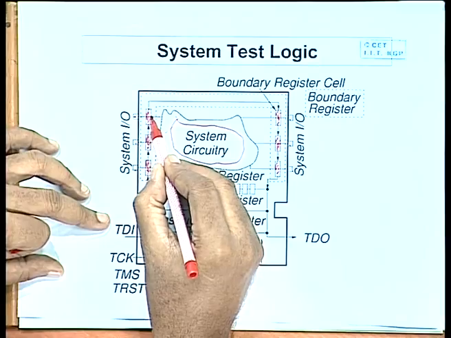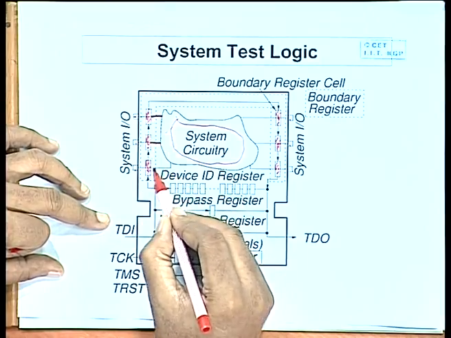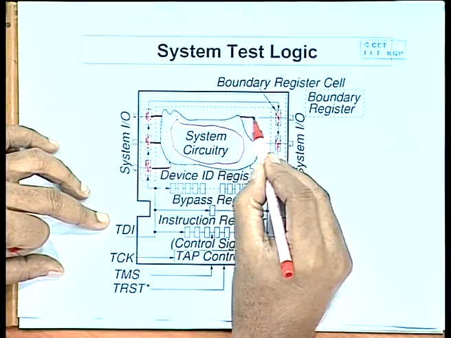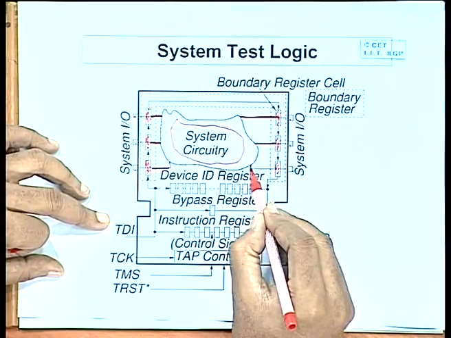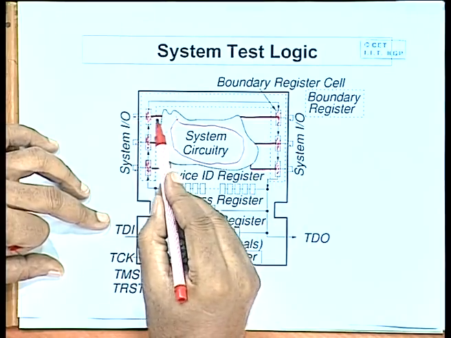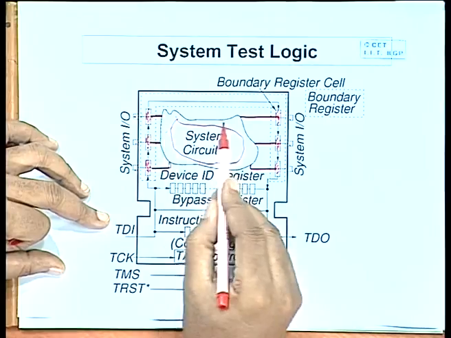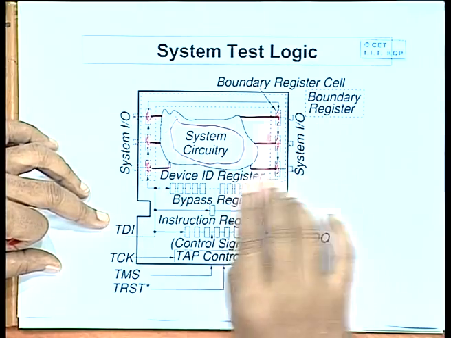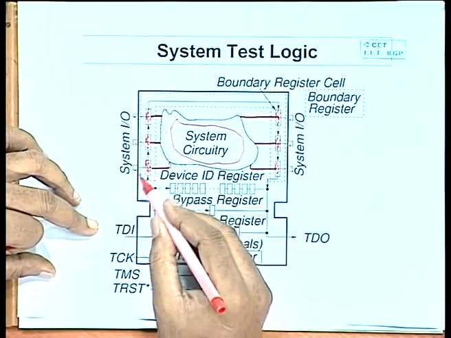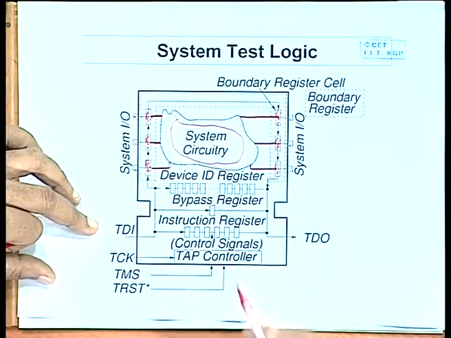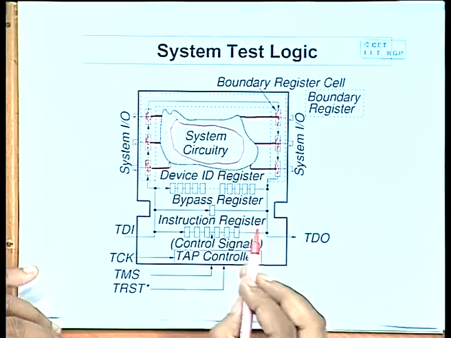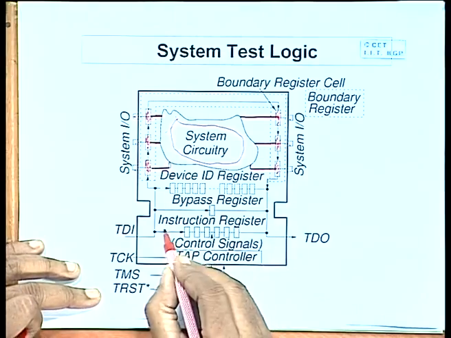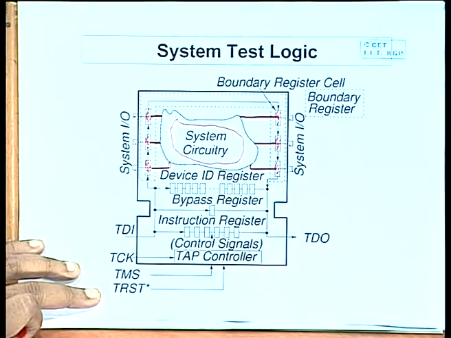These IO pins also feed the system circuitry, as you can see. So, using these, when the need arises, you can use them to activate BIST inside or DFT inside. If there are scan paths inside the circuitry, you can scan them in, scan them out. Now, inside, in addition to this, there are a lot of other things. For example, out here you have an instruction register.